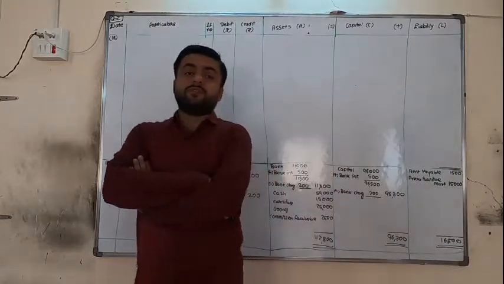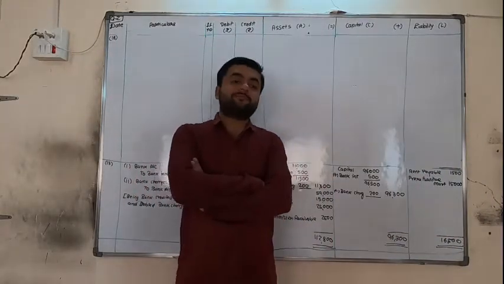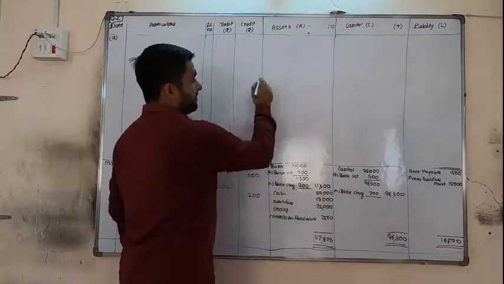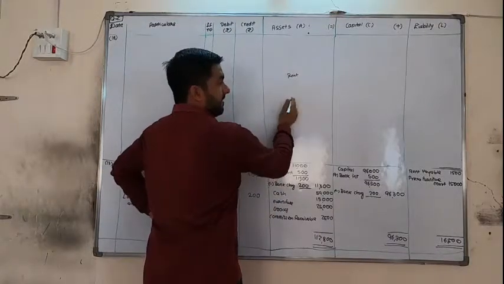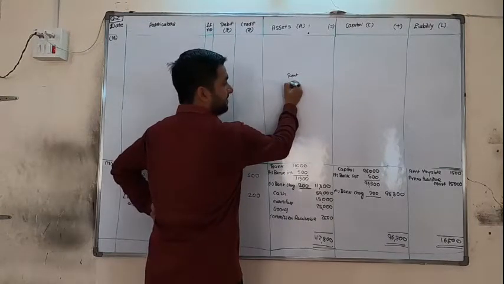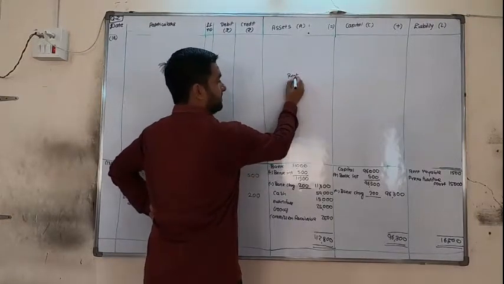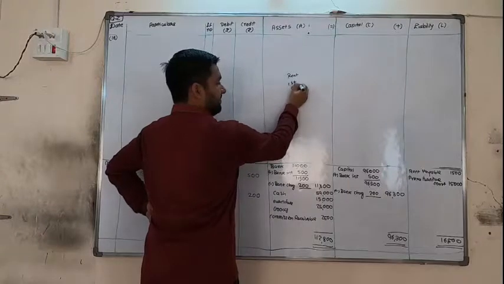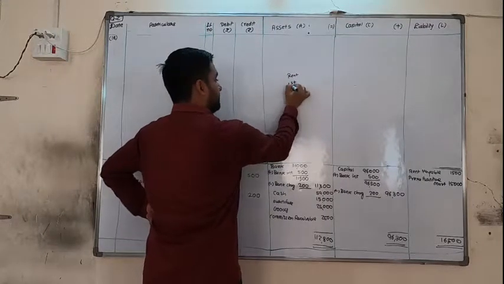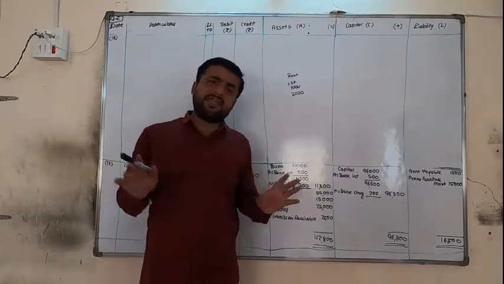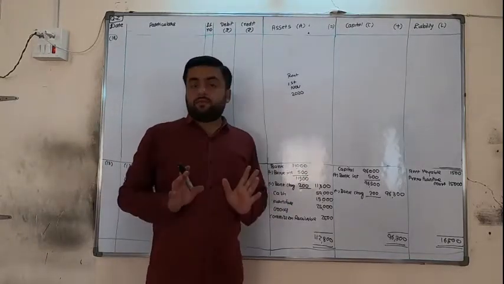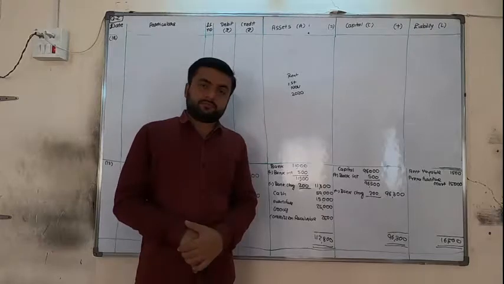Actually the date is to receive, suppose I am telling, here I am giving an example. For rent, the actual date to pay the rent is 1st November 2020. So you have to pay the rent or any expense on 1st November.